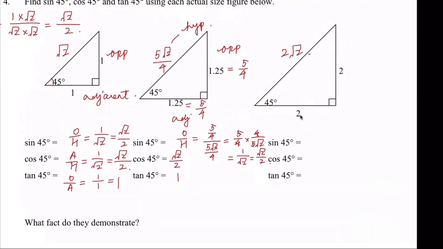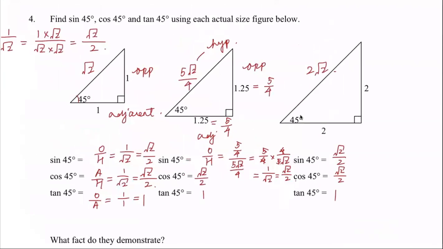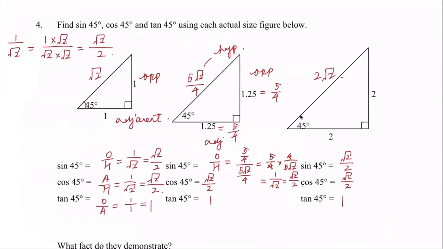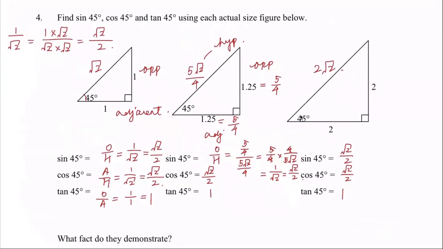But even then, sine 45 degrees is still equal to square root of 2 over 2. Cos 45 is still equal to square root of 2 over 2. Tangent 45 is still equal to 1. This question is too much work for such a simple conclusion. I don't like this question.